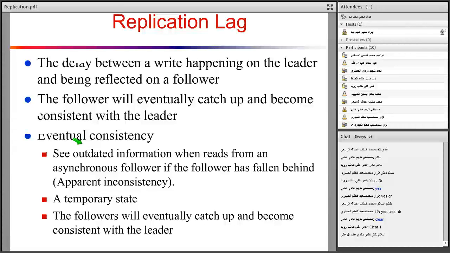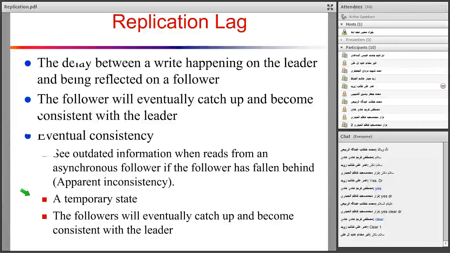Okay, so in this notation, you can see outdated information when reading from an asynchronous follower if the follower has fallen behind. We know that this is a temporary state because the consistency happens eventually.